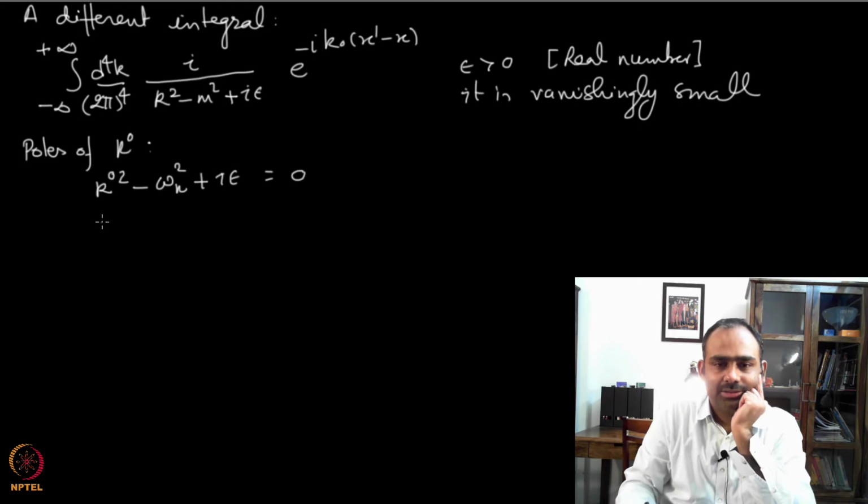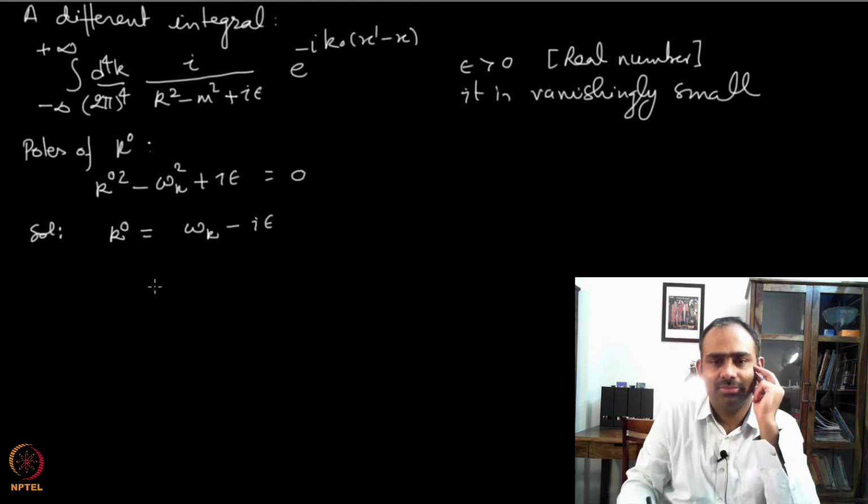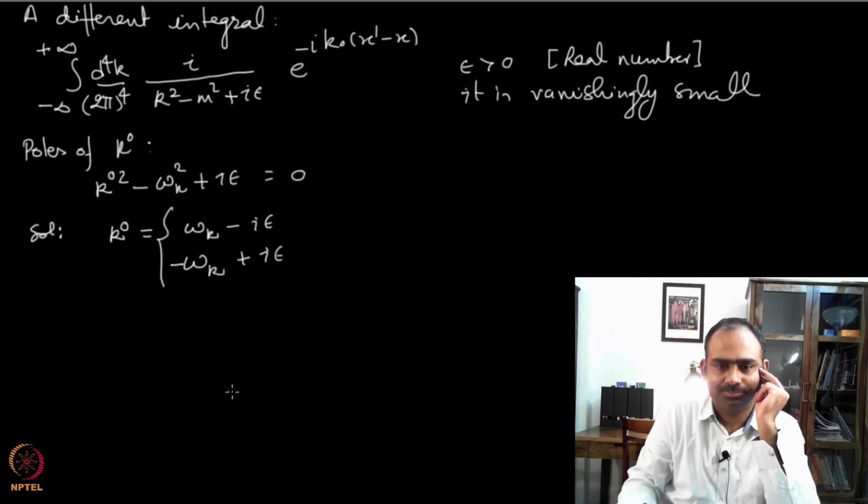I will give you the solution, it is easy to find out. The solution is k0 equals omega_k minus i epsilon, that is solution number 1, and the other solution is minus omega_k plus i epsilon. So, these are the 2 solutions.